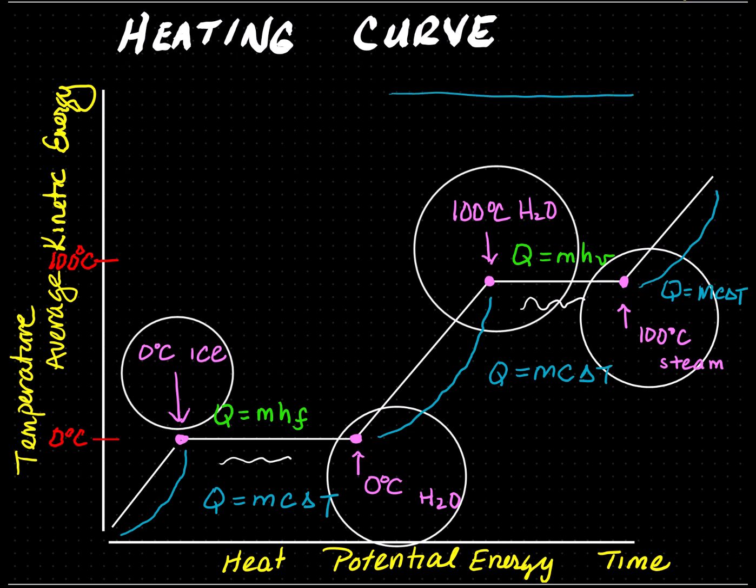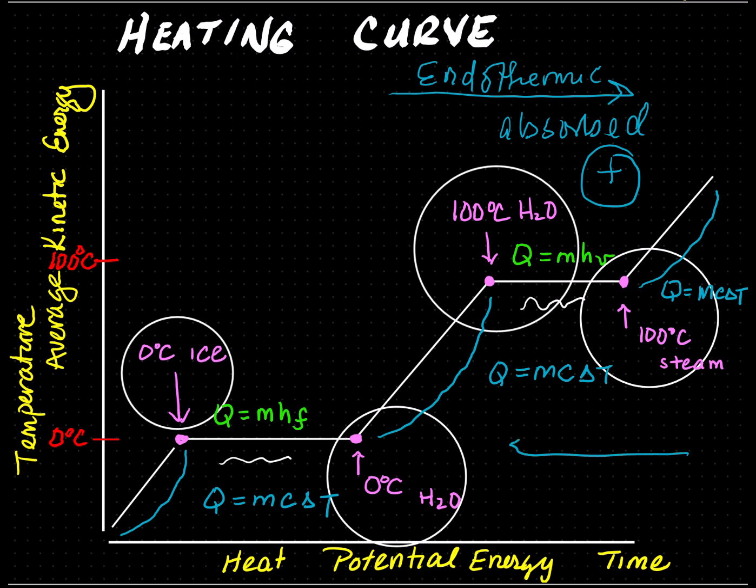When we increase the temperature, we are going to the right, and that is called an endothermic process. Heat is being absorbed, and so it's a positive value. If I go in the opposite direction, this is called an exothermic reaction. Heat is being released, and it will be negative in sign.